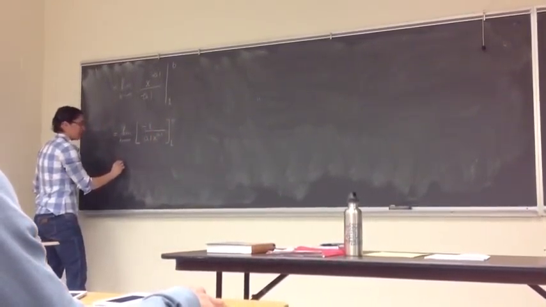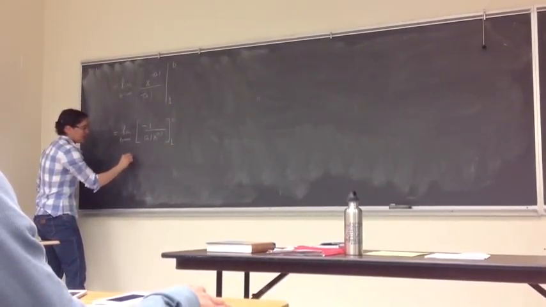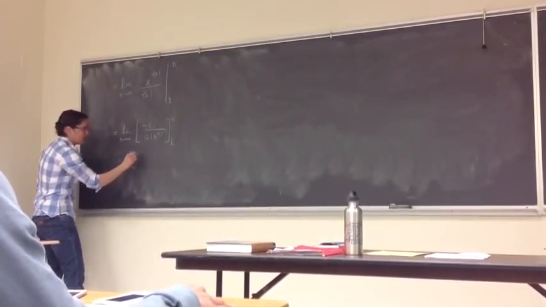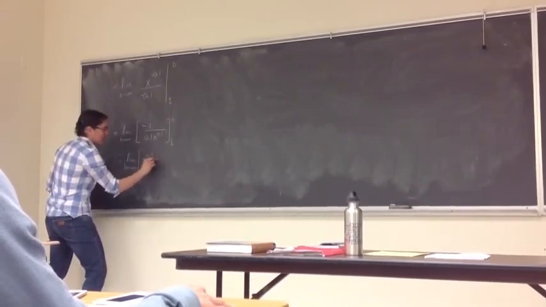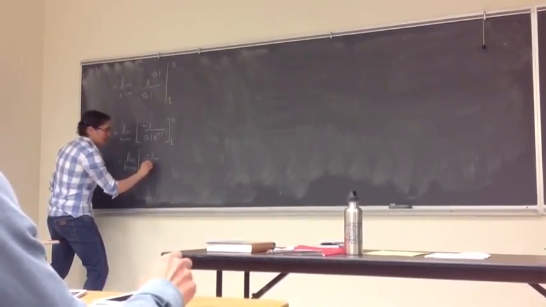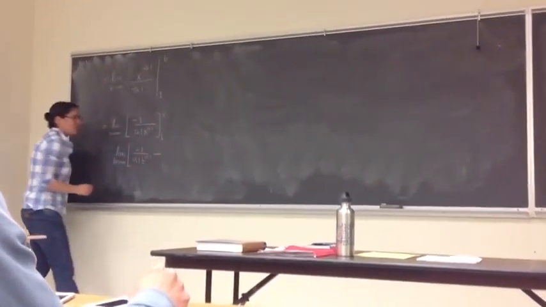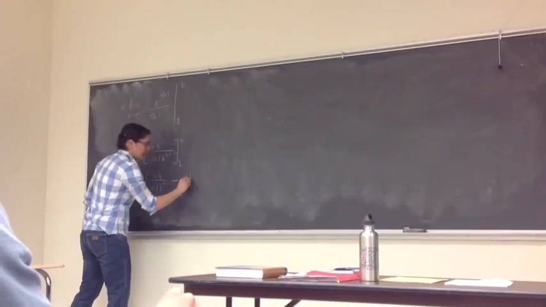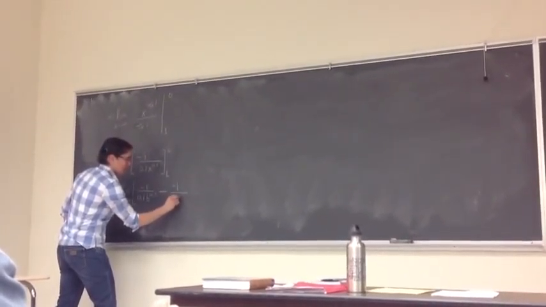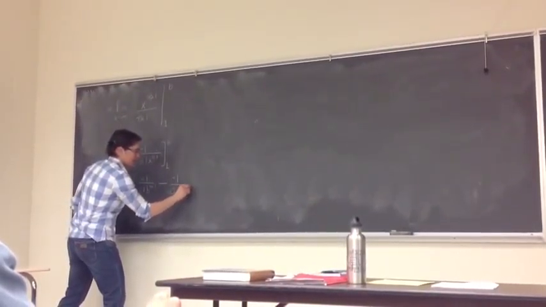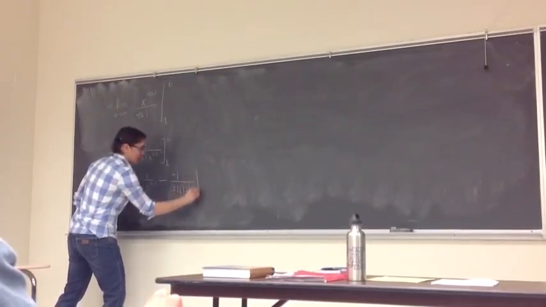So now I'm going to go ahead and plug in my b values. My b and my 1. Limit as b goes to infinity of negative 1 over 0.1 b raised to the 0.1 minus negative 1 over 0.1 times 1 raised to the 0.1.